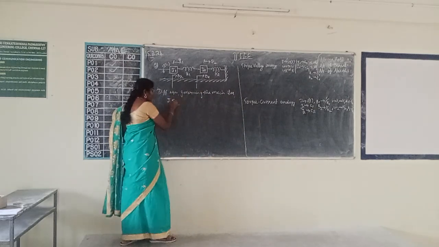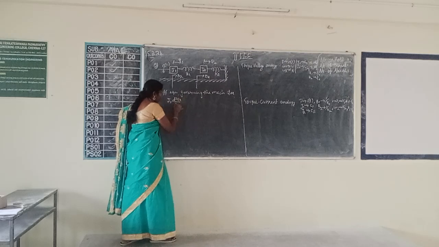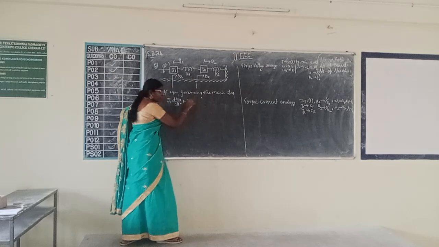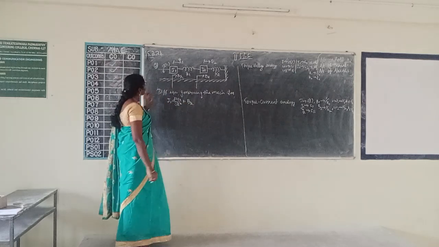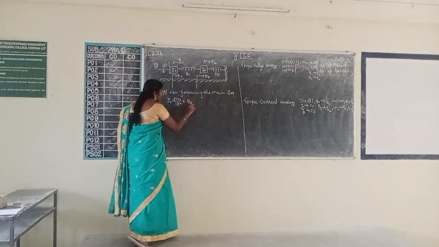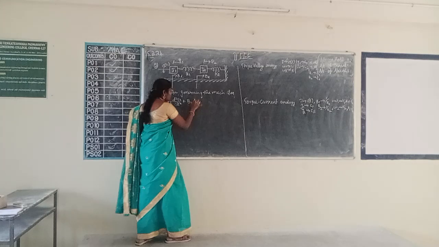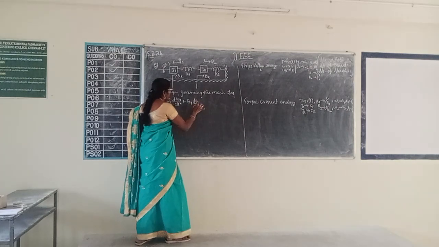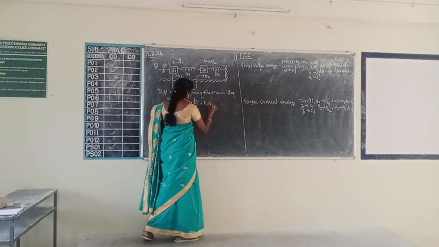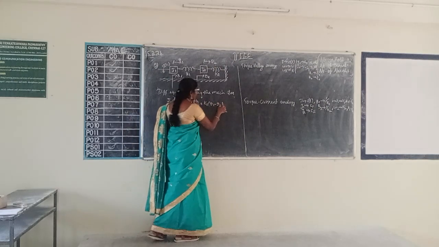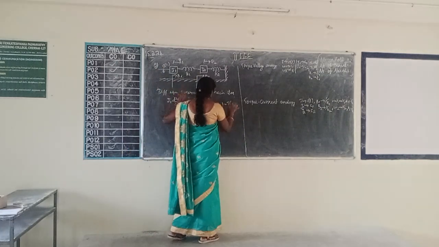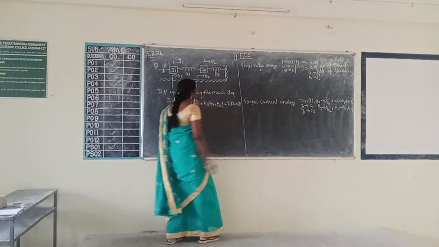J1 d square theta1 by dt square plus B1 plus B2 d theta1 by dt plus K1, which is common to both, theta1 minus theta2 is equal to what? We have the symbol T of t.